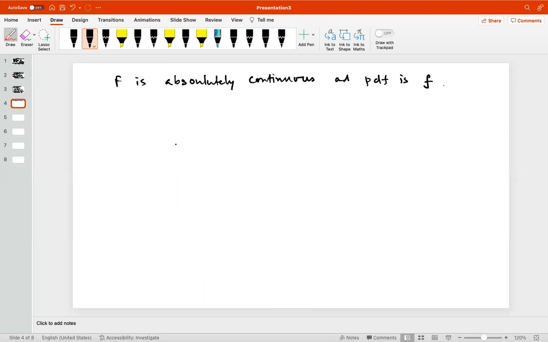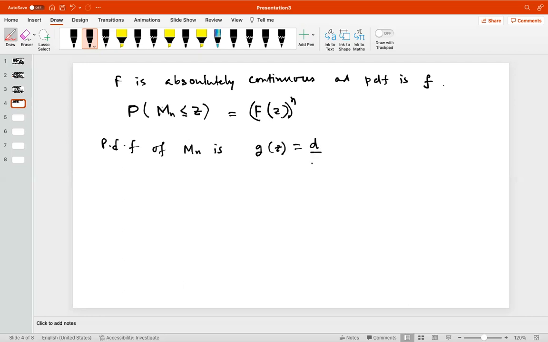Then the probability that the maximum Mn is less than or equal to z is just F(z) whole to the power n. Now this is the distribution function. How do we get the PDF? The PDF of Mn, say it is g(z), is the derivative of the distribution function.